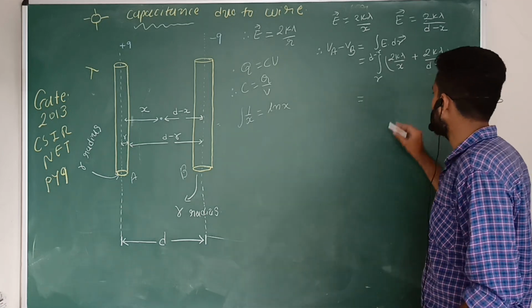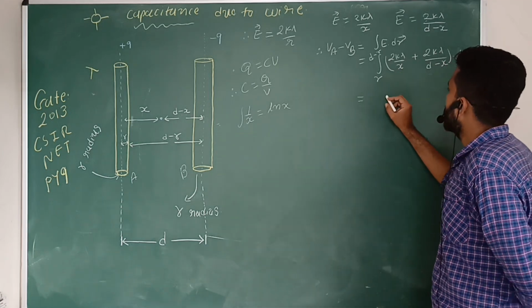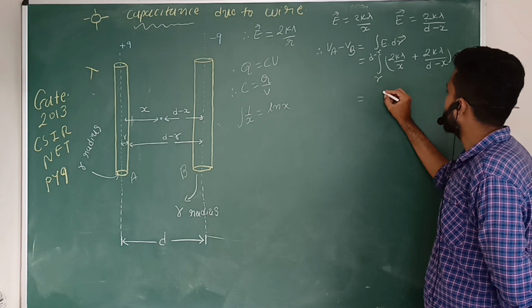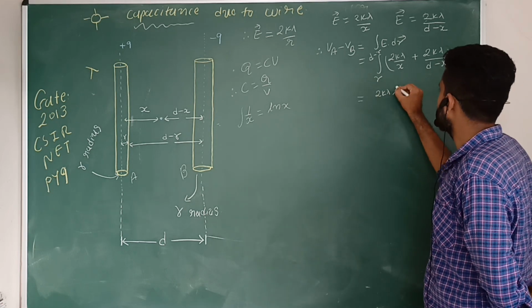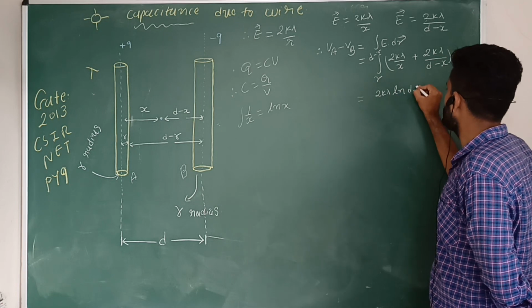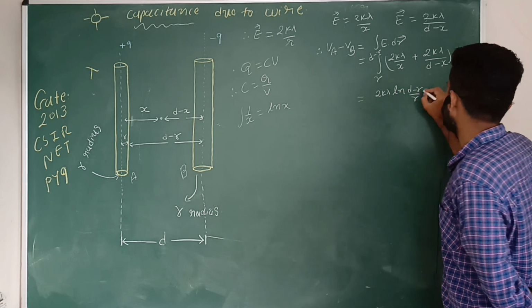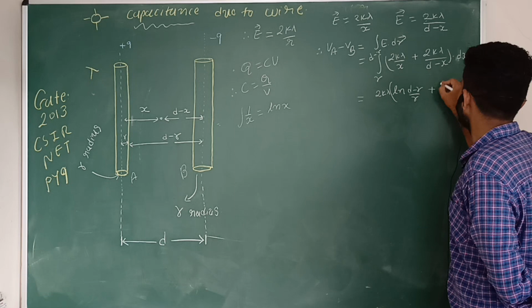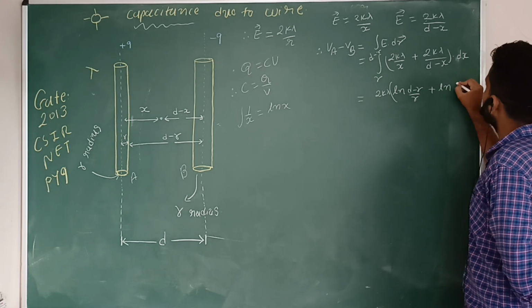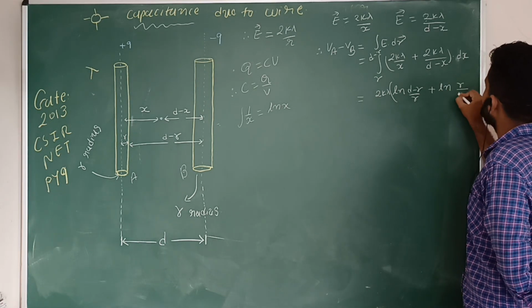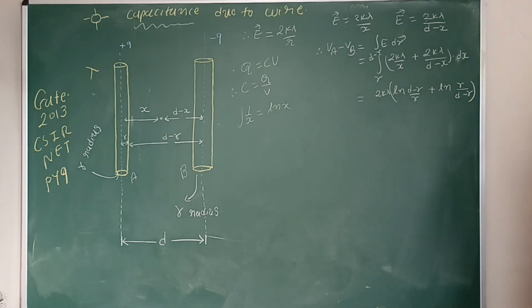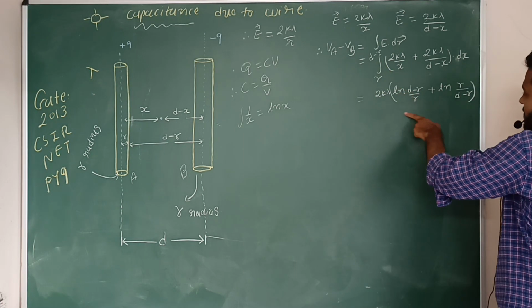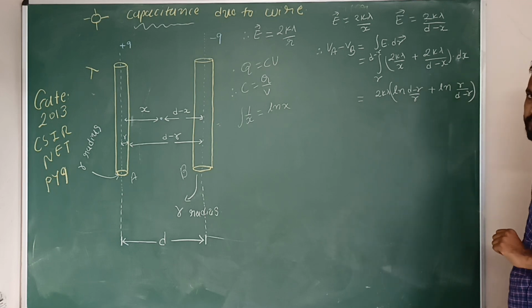So the integration is going to look like 2kλ times ln of d minus r upon r plus ln of r upon d minus r. After putting in the limits we will get this expression.